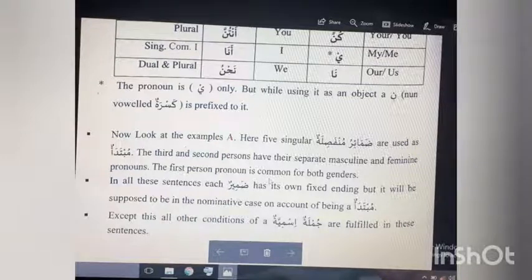The first person pronoun is common for both genders. In all these sentences, each zamir has its own fixed ending, but it will be supposed to be in the nominative case on account of being mubtada. Since it is mubtada, it is in nominative case. Except this, all other conditions of jumla ismiya, nominal sentence, are fulfilled in these sentences.